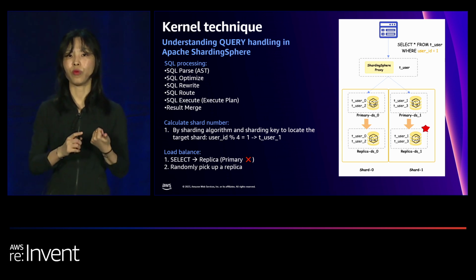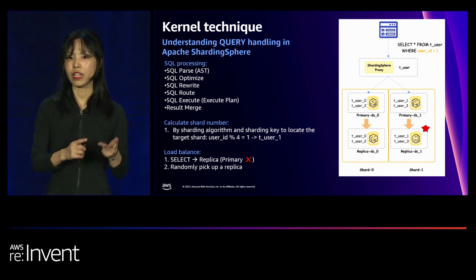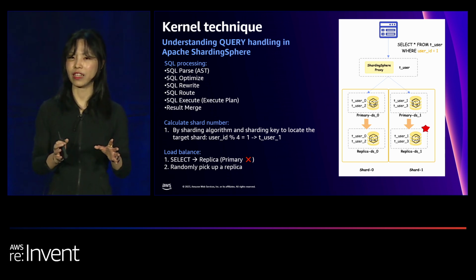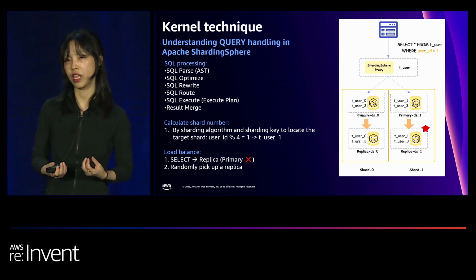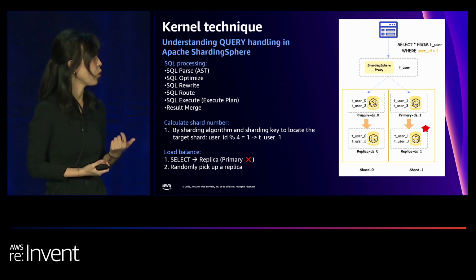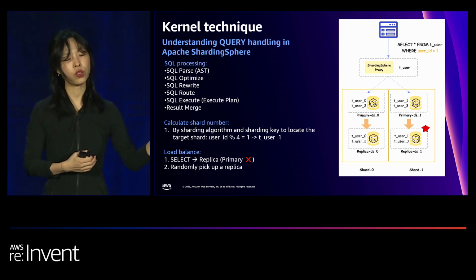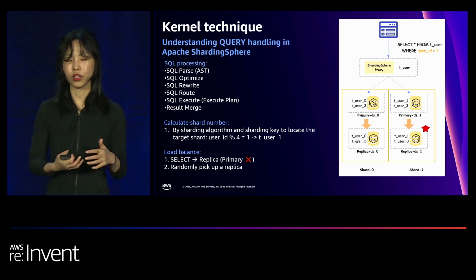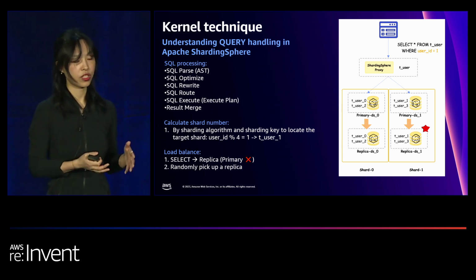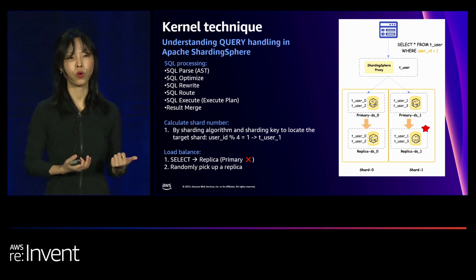It will also parse your SQL, generate the AST, and if it finds that this SQL may be joining many tables and it can do some optimization, it will help you do the SQL optimization. And it will also do some of the rewriting work, because actually in your RDS database, there is no table named T-user. Maybe the shards have different names. So it will rewrite your SQL.